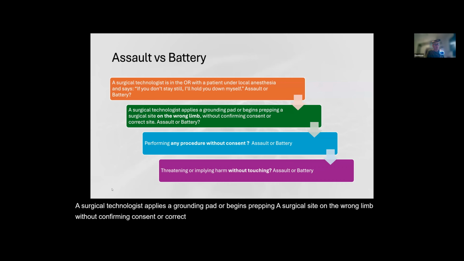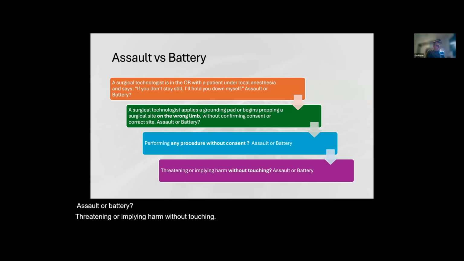Is this considered assault or battery? Performing any procedure without consent, assault or battery? Threatening or implying harm without touching, assault or battery? All right, let's take a look at the next slide and see.